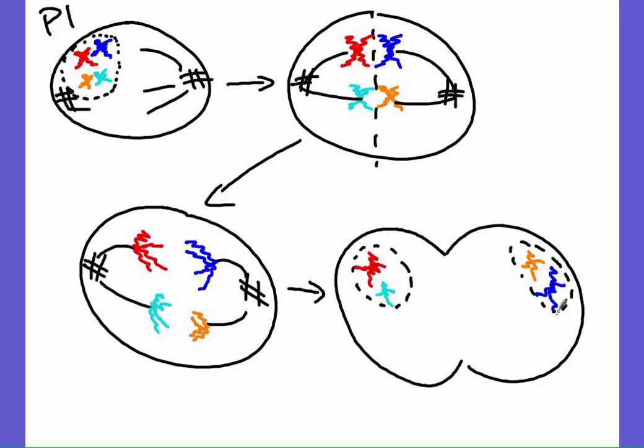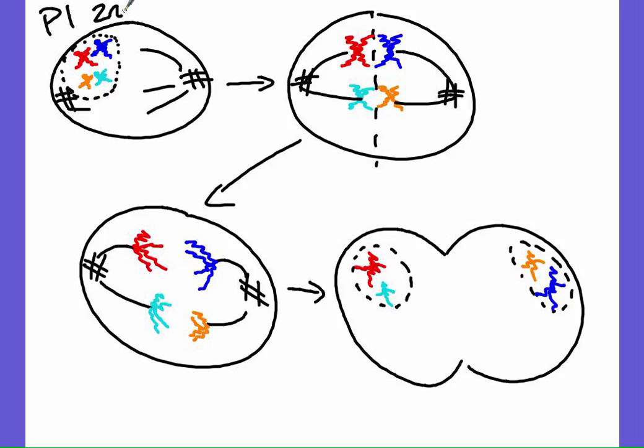But here's the next major point of emphasis. Corbin already told me that this one has 4 chromosomes. 2N equals 4. When I look at this new cell that's being formed right here, Mary, how many chromosomes does that have?